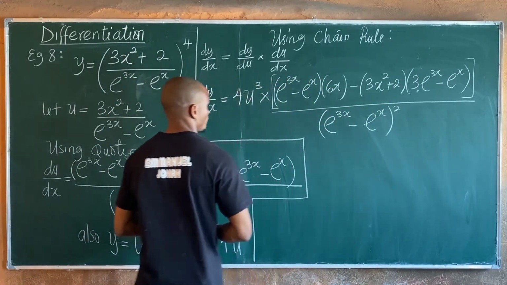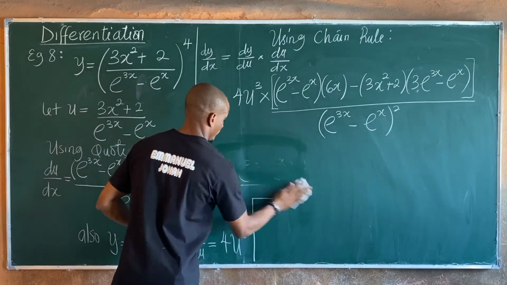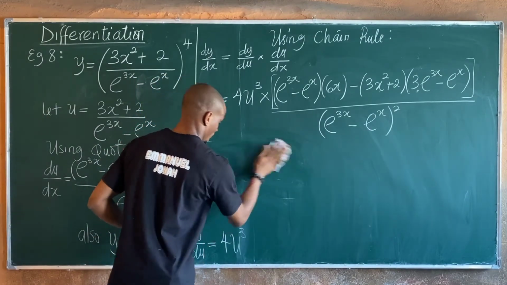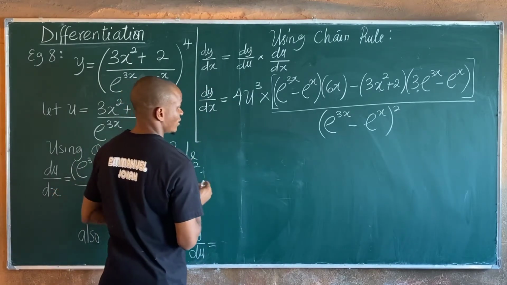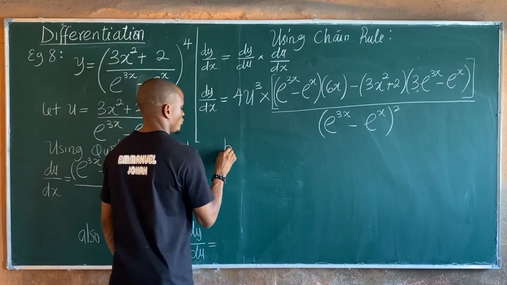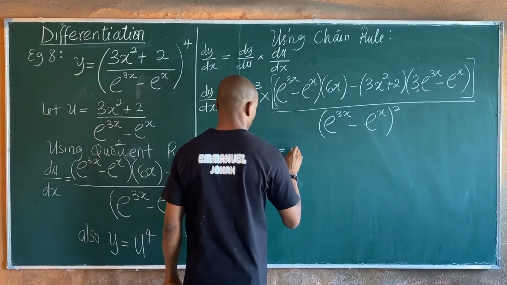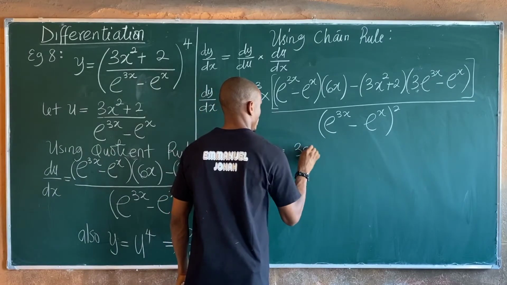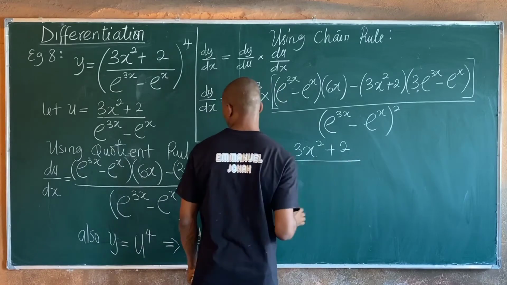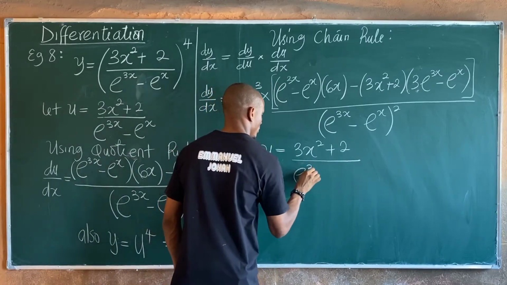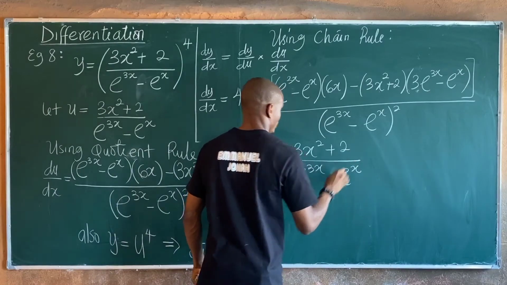So I have this. To create space now, take this one off. We already said that u is equal to 3x squared plus 2 all over exponential 3x minus exponential x.